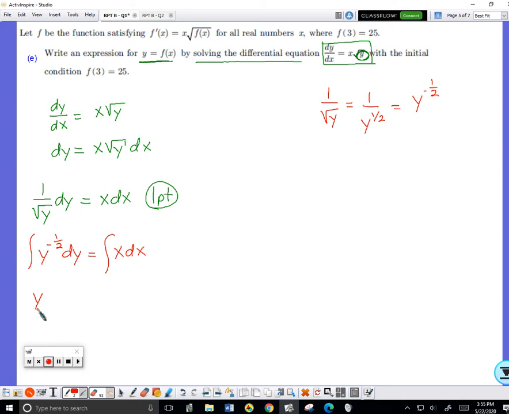So this becomes y to the negative 1/2 plus 1. Negative 1/2 plus 1 is 1/2. This is over 1/2. This becomes x squared over 2 plus the constant. So if I get that far, I get one more point.